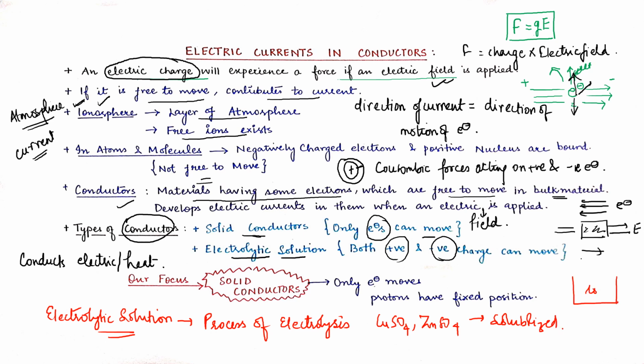They will form ions, both positive and negative, and these ions will move through the solution from here to there. So this motion of positive and negative ions helps in the formation and conductance of current.